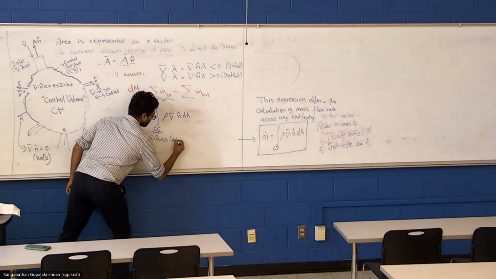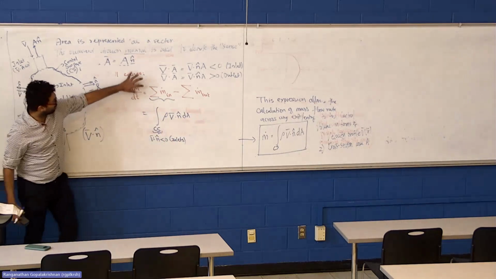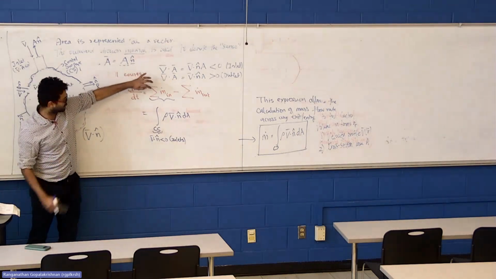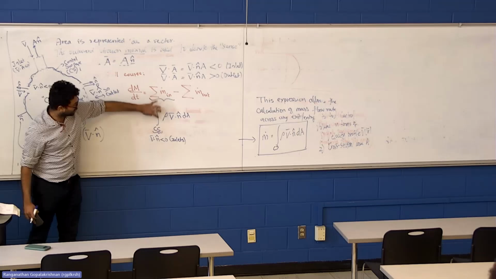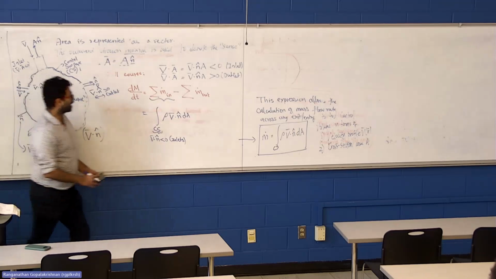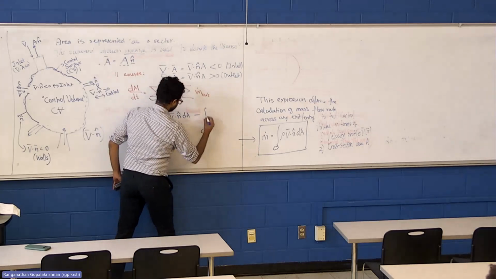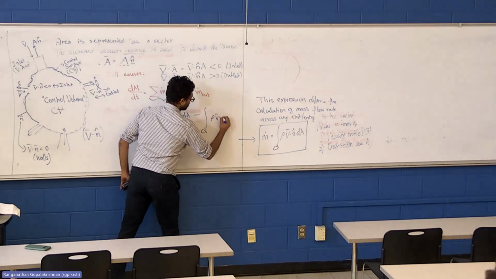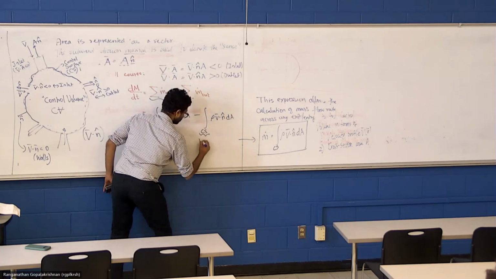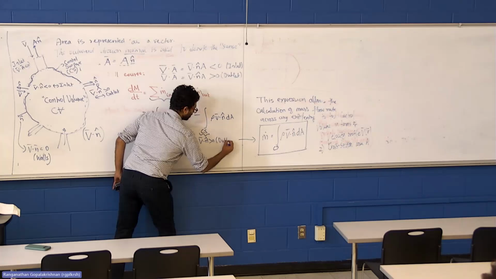There could be multiple inlets, but whatever we call the net inflow, or the mass influx, is nothing but the integral over the control surfaces where you have inlets, minus the integral of rho V dot n dA where you have V dot n positive, or outlets.